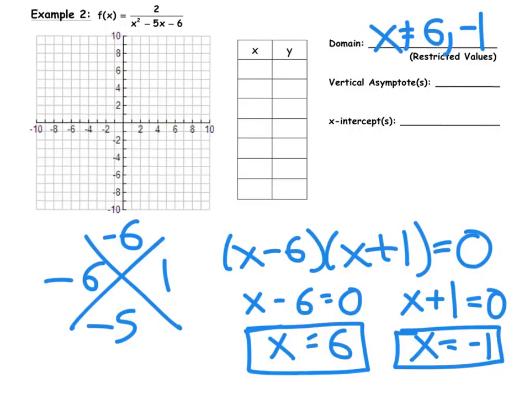Okay? But for our vertical asymptote, I'm going to say that those are the equations of my two vertical asymptotes, right? So a vertical asymptote is going to be a vertical line. So we're going to have a vertical line at x equals 6. We're going to have a vertical line at x equals -1, okay? And so let's go ahead and graph that.